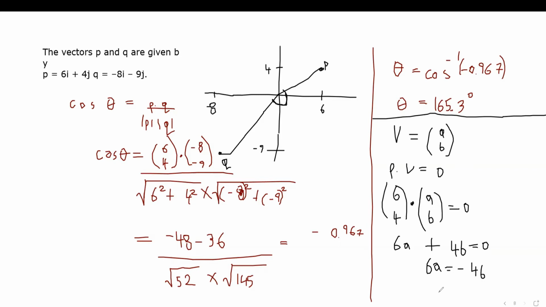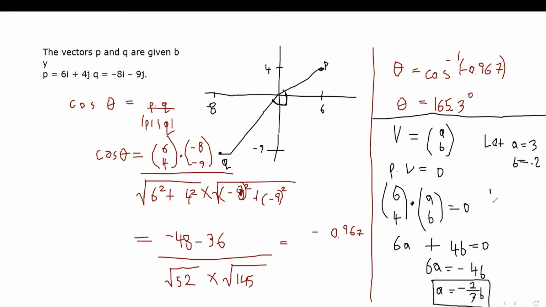Dividing through by 6, A is equal to negative 2 over 3 times B. So whatever number you choose for A, B is negative 2/3 of that number. Let's say you choose A as 3. Then B would be negative 2 over 3 times 3, which is negative 2.